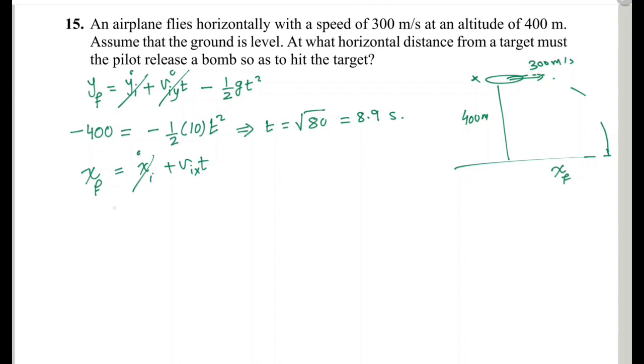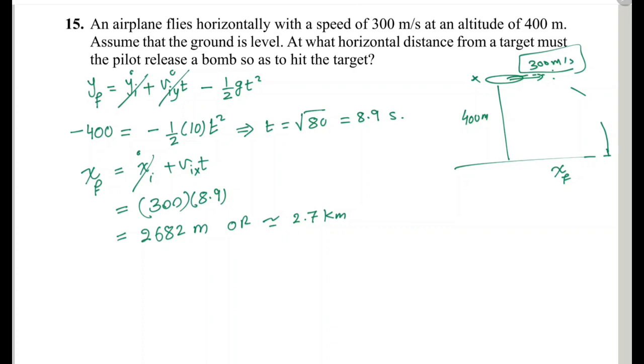Now x initial is 0 and the initial x velocity is 300, times the t we just calculated, 8.9, and you do the math for this one here, it's 2,682 meters or 2.7 kilometer, and this is the horizontal distance of the target.